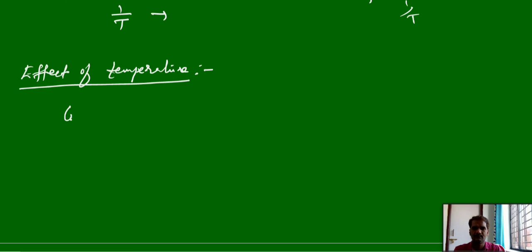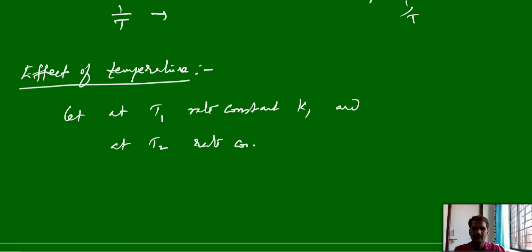Let us assume at the temperature T1 the rate constant is K1, and at a temperature T2 the rate constant is K2, where T2 is greater than T1, just we assume.